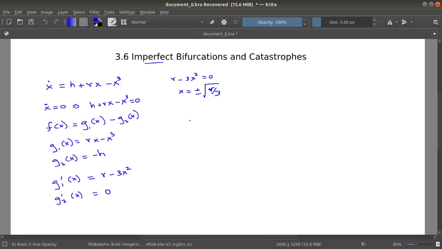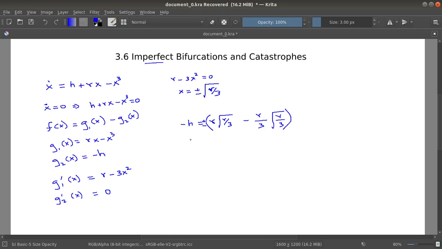So minus h is equal to r, but in the place of x I am going to put root r by 3, then this one minus a cube of this thing, which is r by 3 into root r by 3, but I have to consider these 2 solutions, so I am going to do plus or minus.